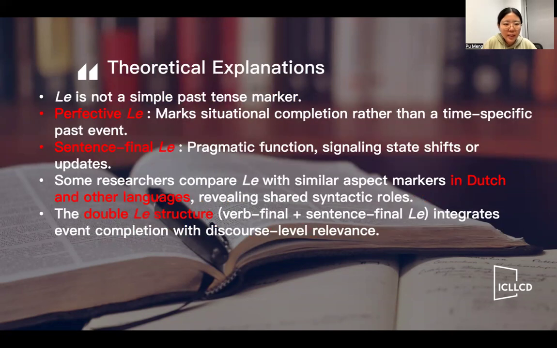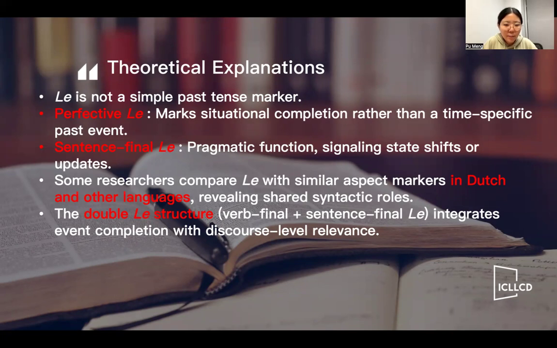For the theoretical explanations, le is not a simple past tense marker. For example, perfective le marks situational completion rather than a time-specific past event. About the sentence-final le, the pragmatic function signals state shifts.